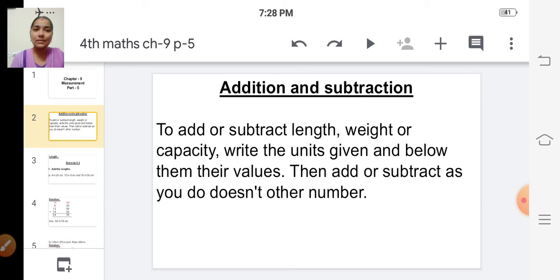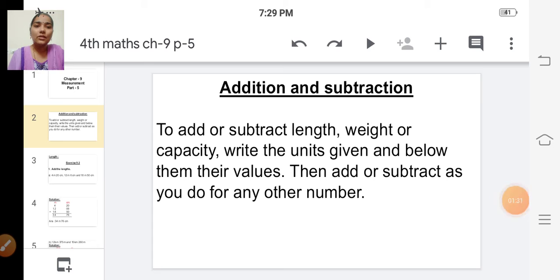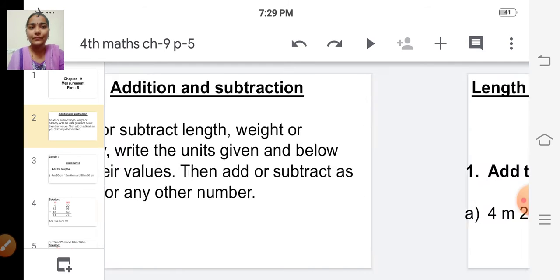Then add or subtract as you do for any other number. You have to separate the units like centimeters and meters. Shall we do some problems?